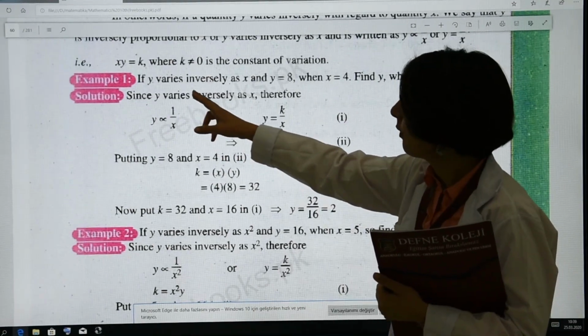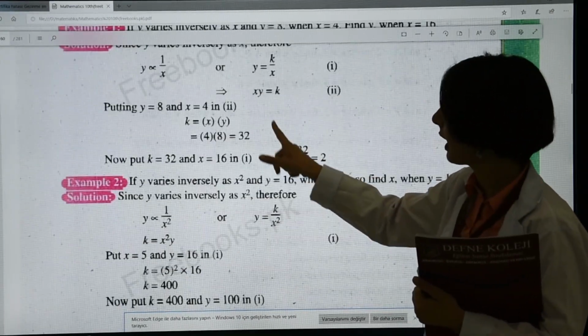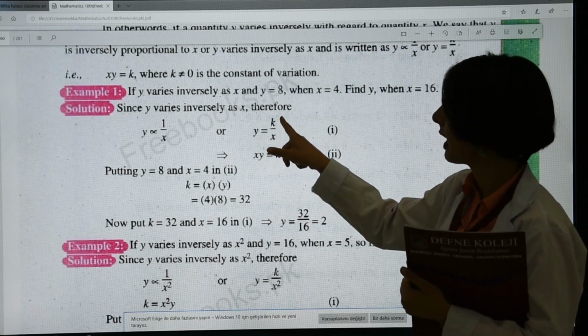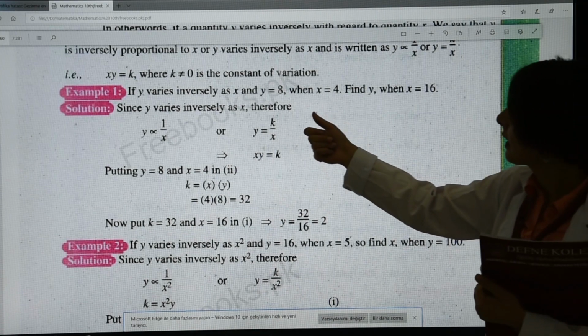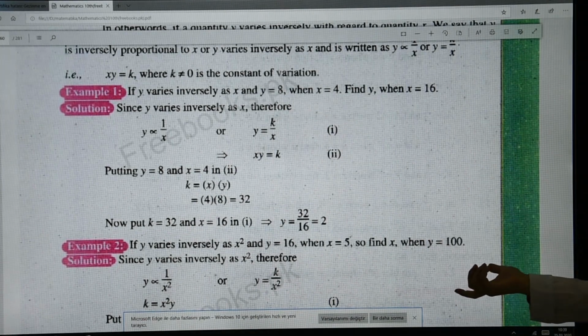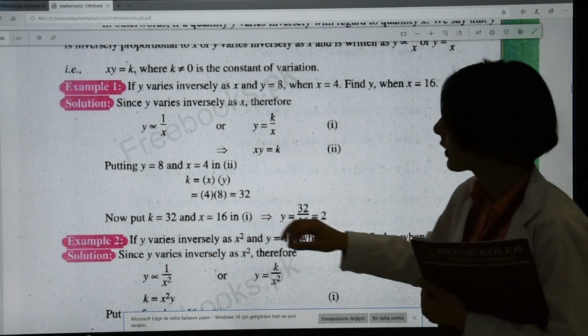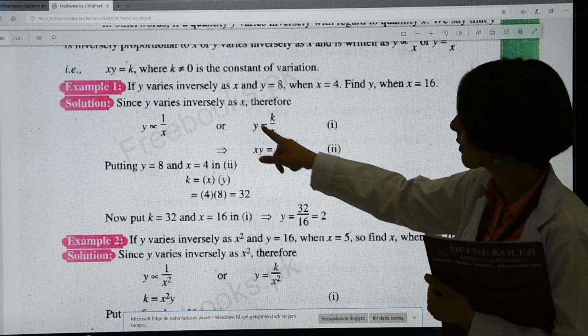So I know that y varies inversely as x, so I can immediately write the equation y equals k over x, okay? And now that I have the value of y and x, I can find the value of k. So k equals x times y, because I can do the cross multiplication here.